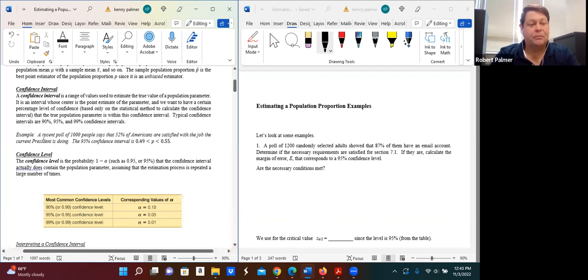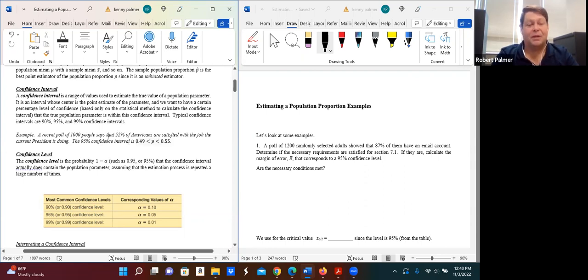So here's an example, and this isn't a real example, but just an example. A recent poll of 1,000 people, which would also need to be a random poll, says that 52% of Americans are satisfied with the job the current president is doing. The 95% confidence interval is this. Our sample proportion is 52%, 0.52 as a decimal. That's our point estimate.